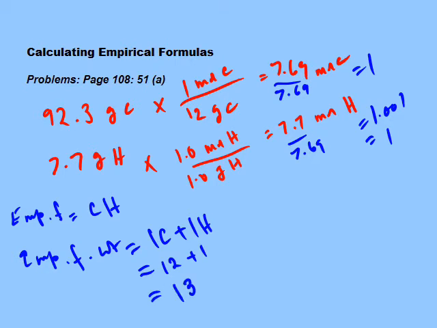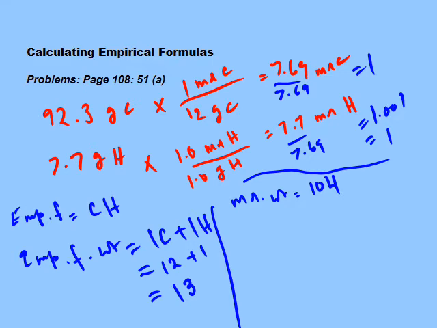In order to get the multiplicative factor, remember empirical formula times N gives the molecular formula. And I have the molecular weight given in this problem. So molecular weight, which is the same as molar mass, equals 104.